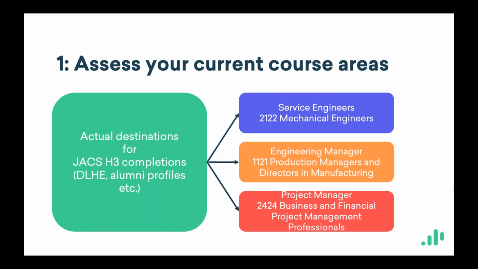And it's really helpful because it may show some slightly different destinations that you may not have picked out. So you may have picked out service engineers or engineering managers, but project managers, 2424, project management professionals, would that have come out of that process?